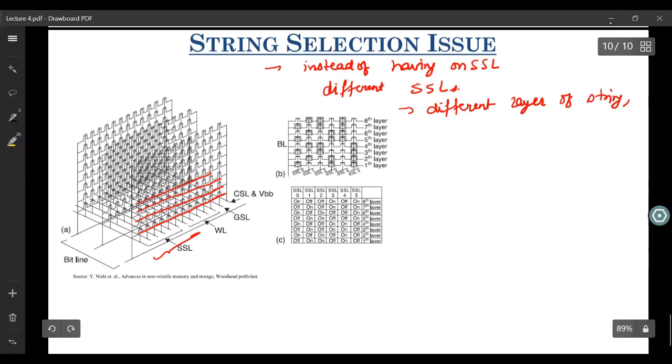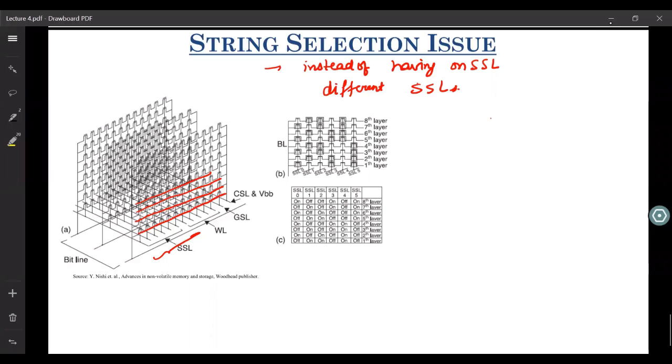These transistors are different kinds of transistors. So SSL is not the same for different layers. What do I mean by that? One issue with having multiple SSLs is that you add to your area overhead.